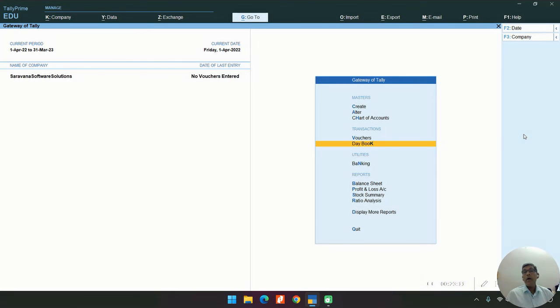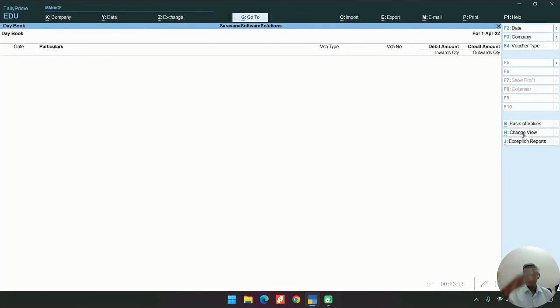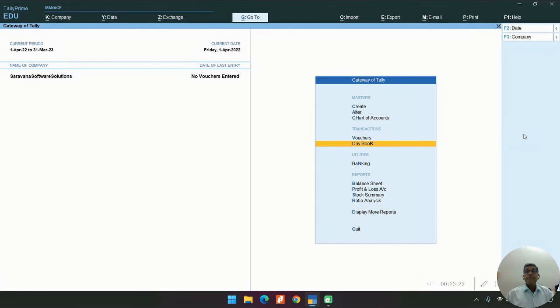Once you have posted all the vouchers, you can access the daybook for whatever entries you made. This is the first two headings of the gateway of Tally. The remaining we will discuss in the next video.